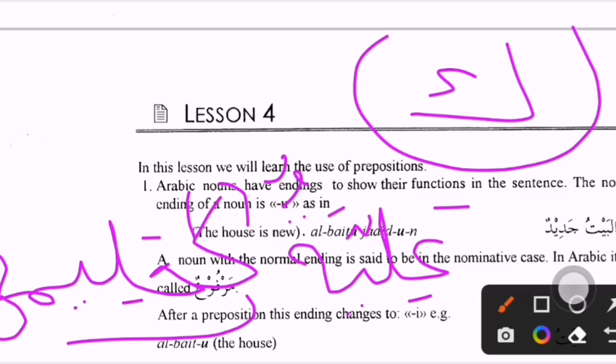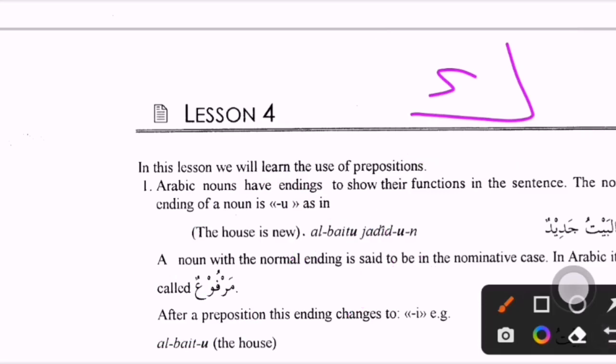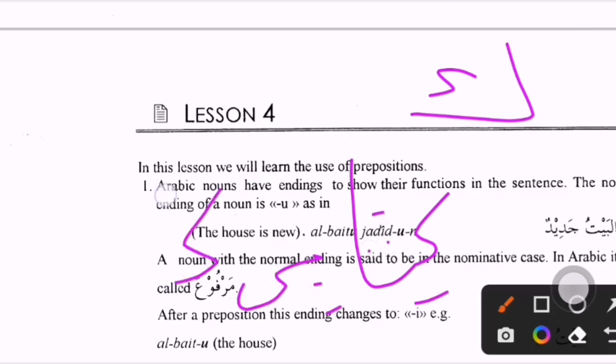Aliyah is like Halima. Another example, I can say my book is like your book. I will say Kitabi, my book, ka Kitabik.